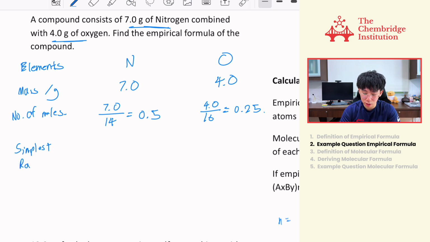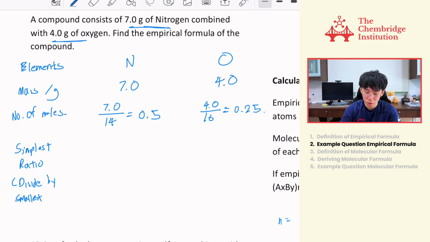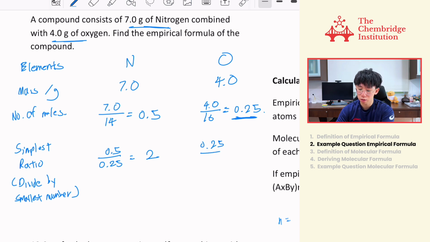So how we usually do this is we're going to divide by the smallest number, the smallest number of moles that we have. In this case, the smallest number is 0.25 moles. So we take 0.5 divided by 0.25, and this will give you 2 over here. And this one will give you a 1.